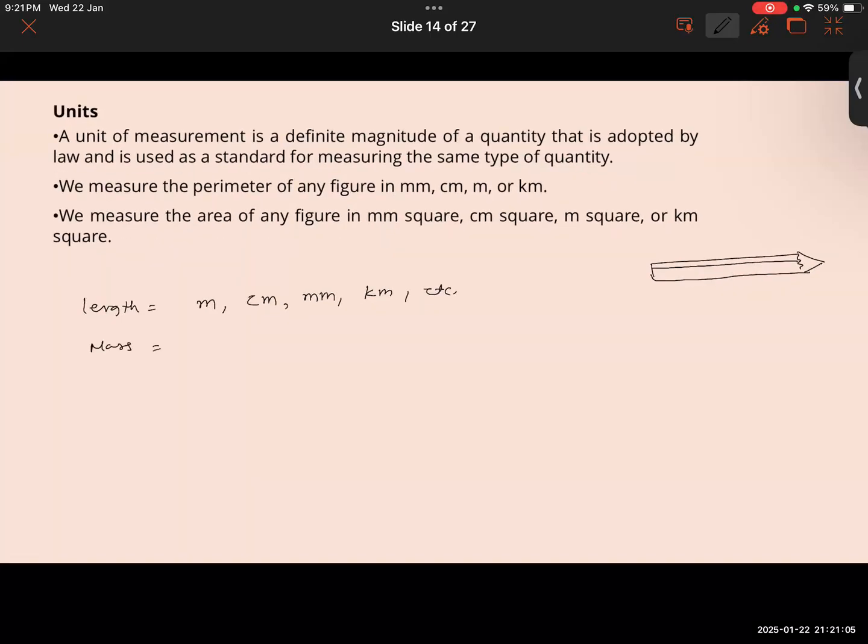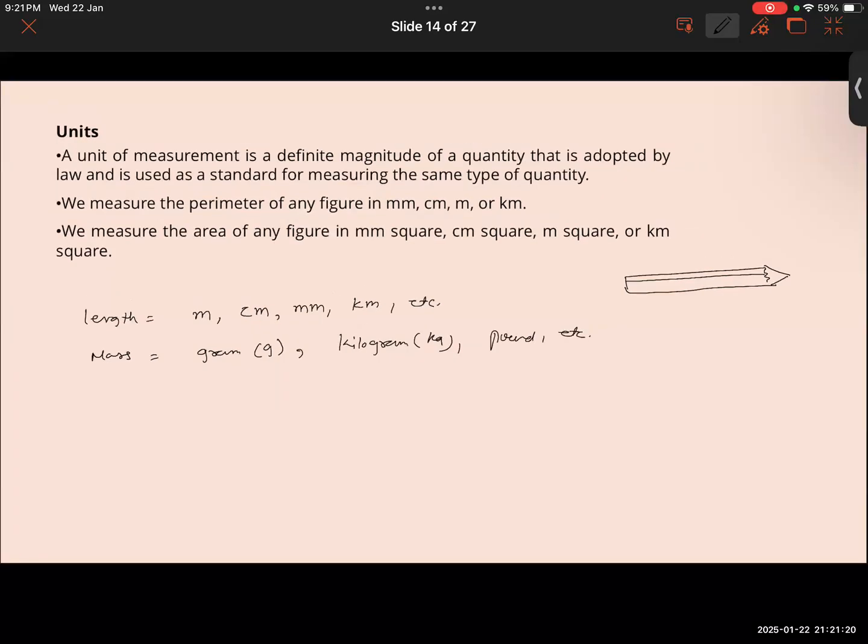We measure it in gram, kilogram, pound, etc. So all these are units: the units of length, units of mass, etc. So a unit of measurement is a definite magnitude of a quantity adopted by law and used as a standard for measuring the same type of quantity.